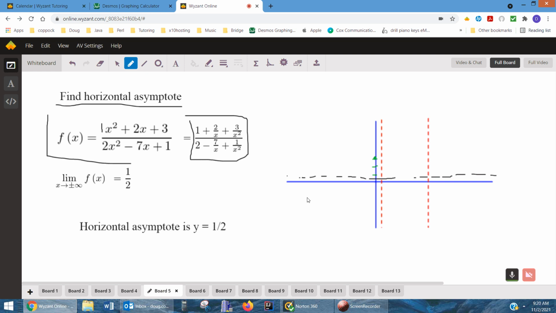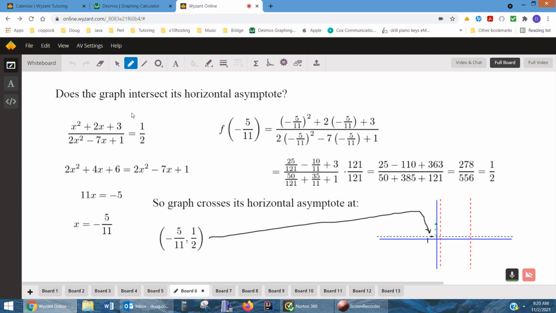Now it's possible for the graph to actually cross its horizontal asymptote, but as x approaches infinity, we'll get closer and closer to the horizontal asymptote, but we'll never touch it. We've got to find the one point where this graph might cross its horizontal asymptote, and that's what we're going to do in step 6.